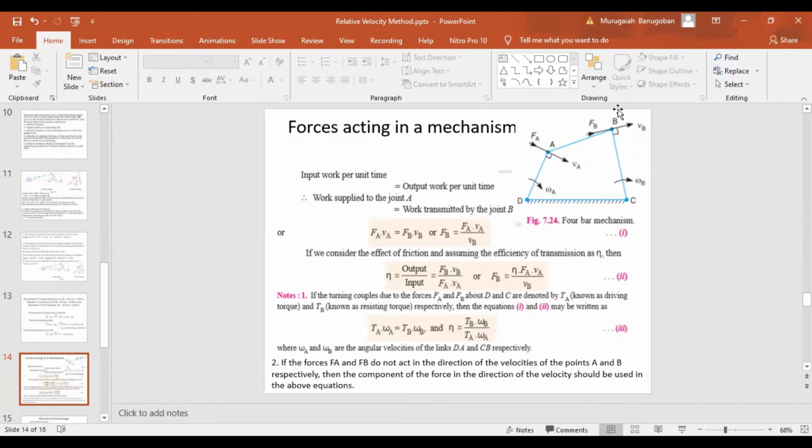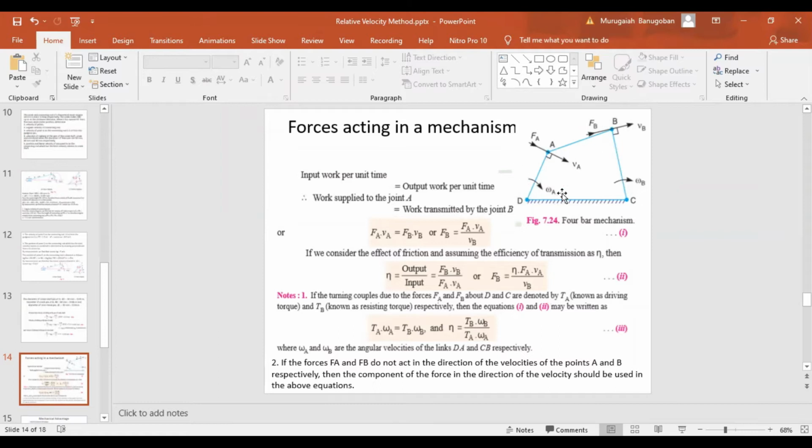Now we will fix them in the equation. Input work is equal to output work if there is no loss of energy. My input work is force into velocity. The unit of force multiplied by the unit of velocity will give you the work. Therefore, FA into VA, the velocity of A, will be equal to the output.